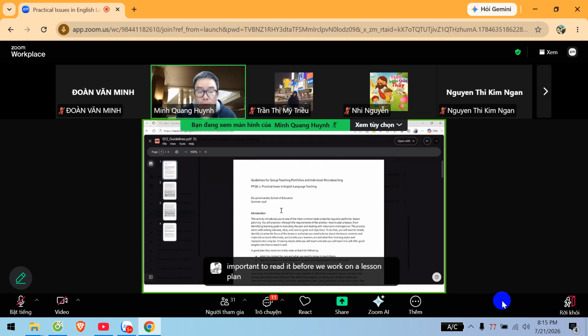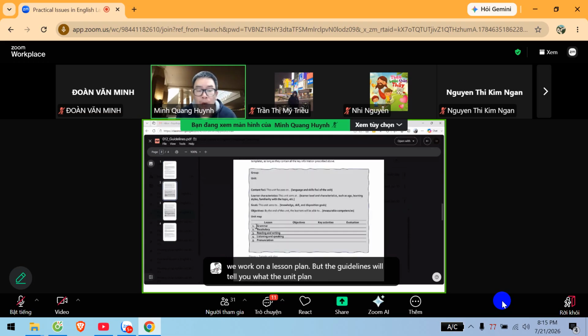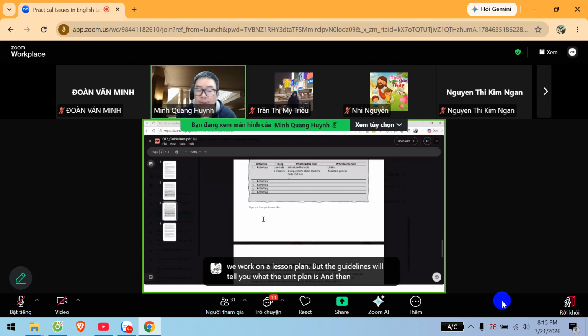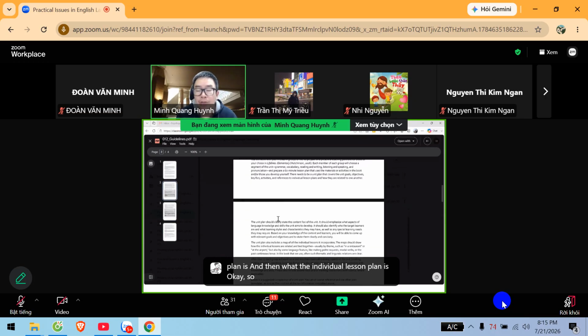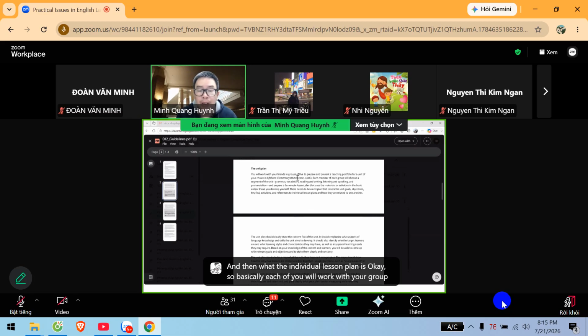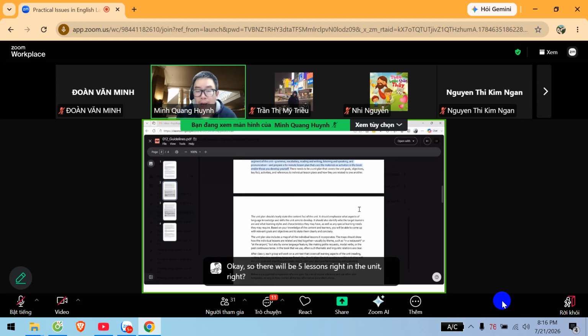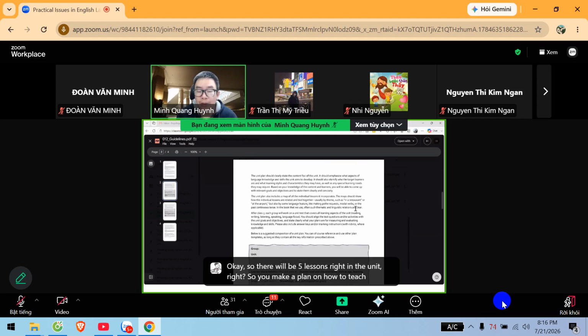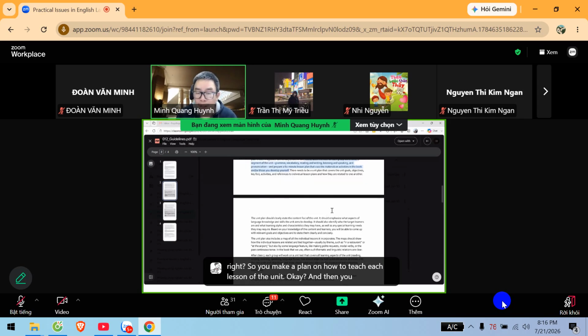The guidelines will tell you what the unit plan is and then what the individual lesson plan is. Basically, each of you will work with your group, and each group will create one unit plan. The unit plan will cover the whole unit, so there will be 5 lessons in the unit. You make a plan on how to teach each lesson of the unit, and then you give information about the lesson, the learners, the conditions, and so on.